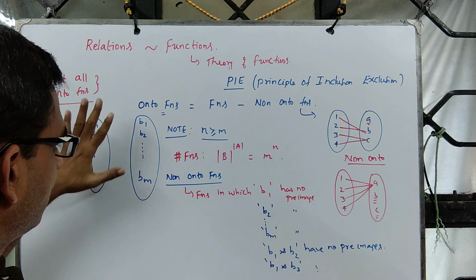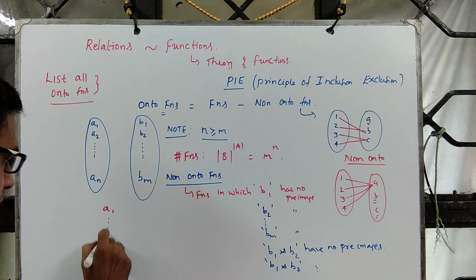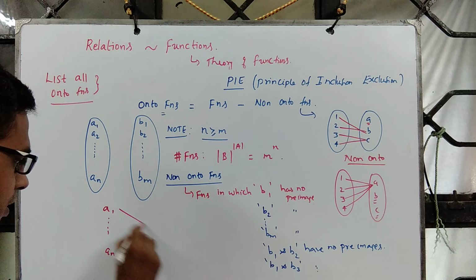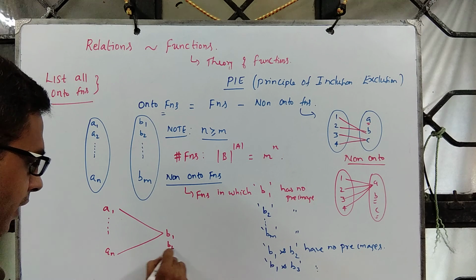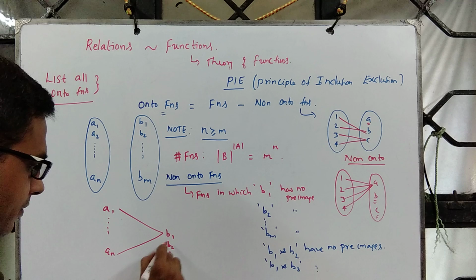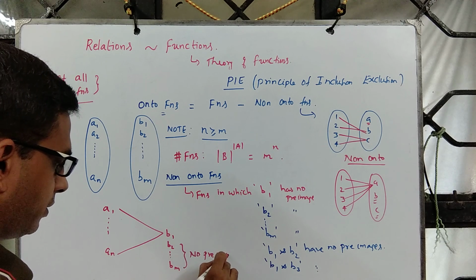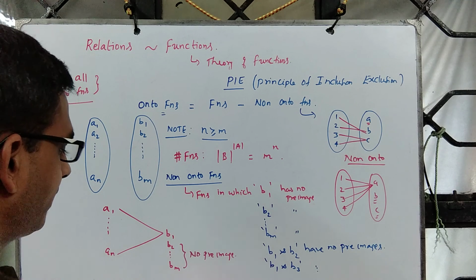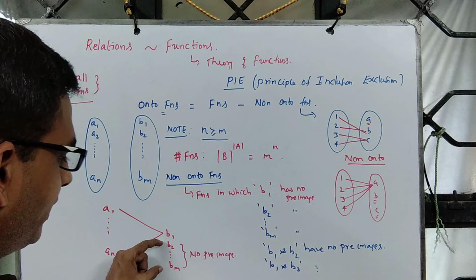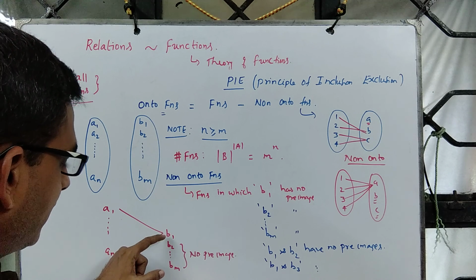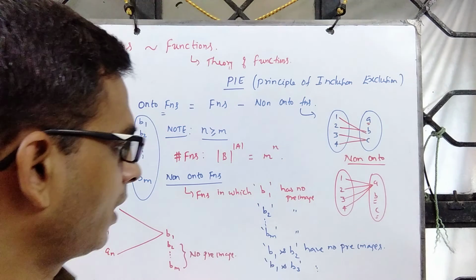It may not be the case that all of them are not having one, because then it is not a function at all. So in the worst case, what can happen? You have a1 to an and all of them are mapping to just b1, and b2 to bm have no preimage. So m minus 1 elements have no preimages, whereas only one element has a preimage.